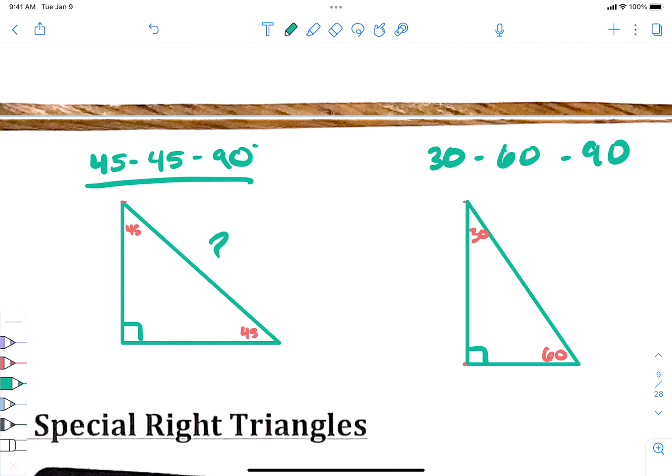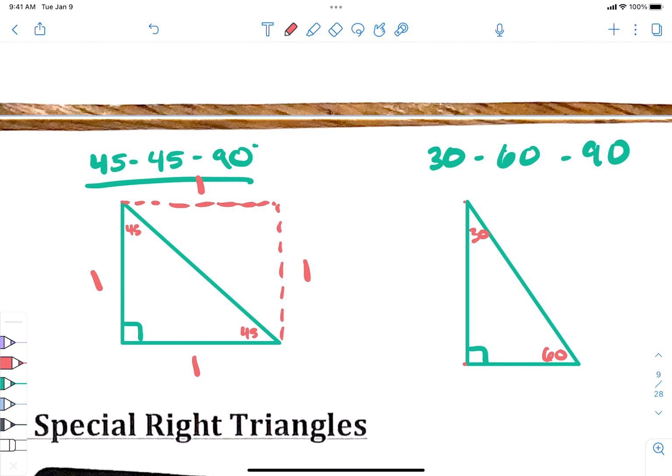To illustrate this, I like to make this triangle into a box. I can pick any side lengths that I want for that box, but I'm going to pick the most basic number, a length of 1 all the way around. So our 45, 45, 90 triangle has legs that are each 1 unit long.